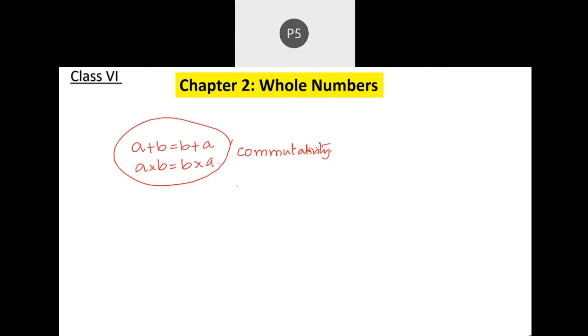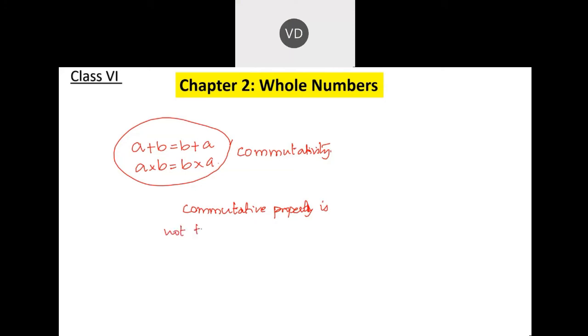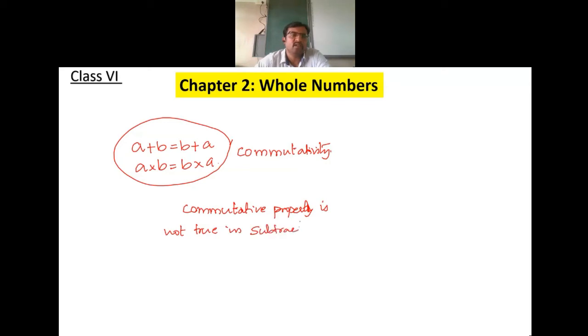It is called the associative property, which is the next, third property. Commutativity is not true in case of subtraction and division. It is true only in addition and multiplication.